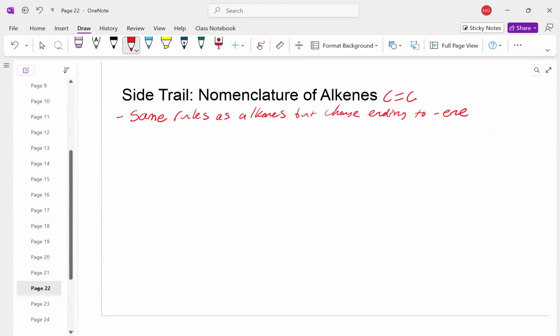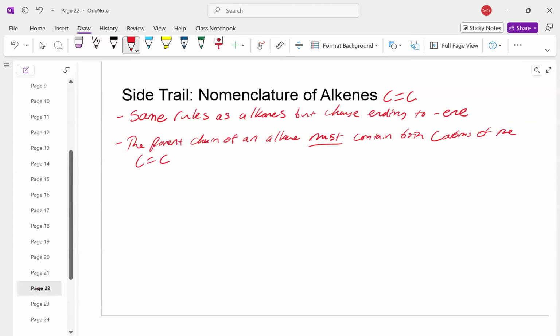Now, when it comes to finding the parent chain of an alkene, it must contain both carbons of the carbon-carbon double bond, even if there's another longer possibility. So let's look at this, for example.